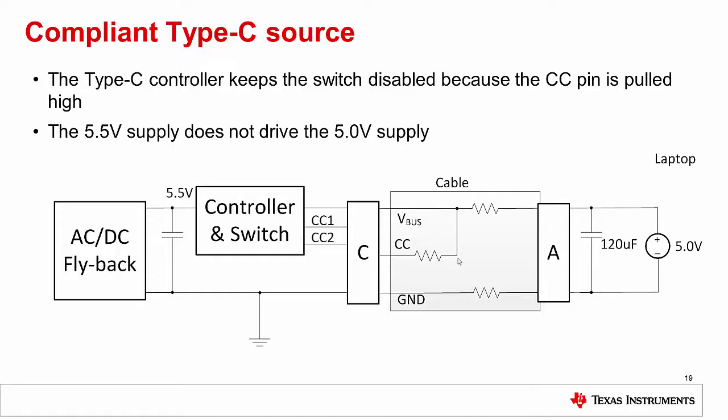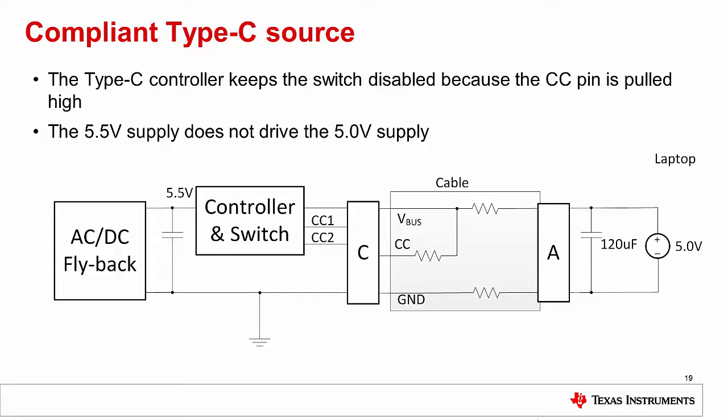Well, even though I'd like to put more capacitance on my VBus and my Type C, I can't exceed what's allowed for Type B because this Type C connector could be plugged into a Type A connector. And since Type A is only expecting a maximum of 10 microfarads, then it's been designed for that amount of inrush current and no more. And a lot of the Type A systems have slow current limiting switches, and they can't handle more capacitance than that.